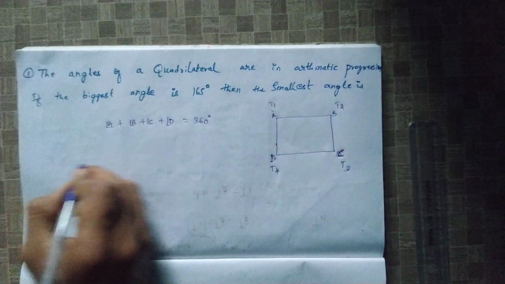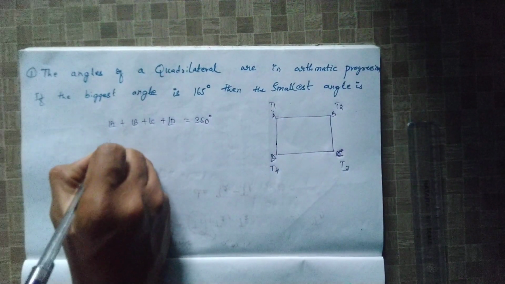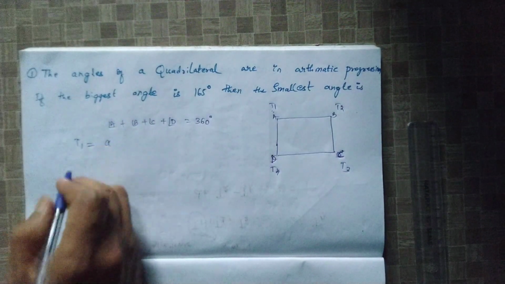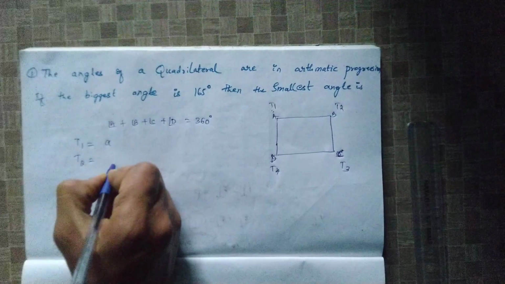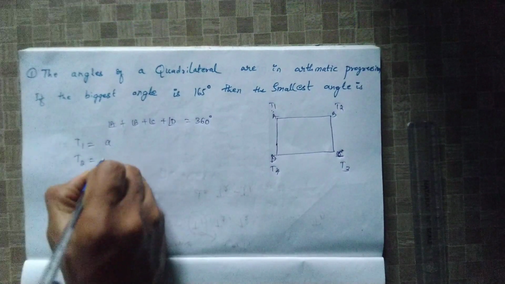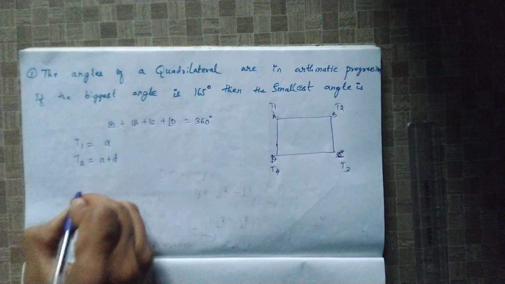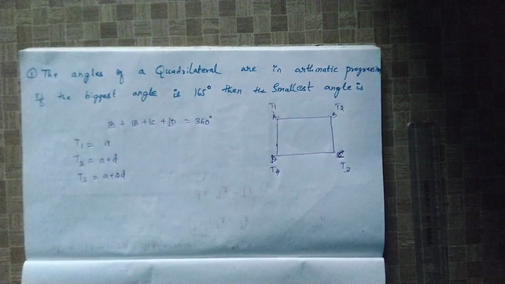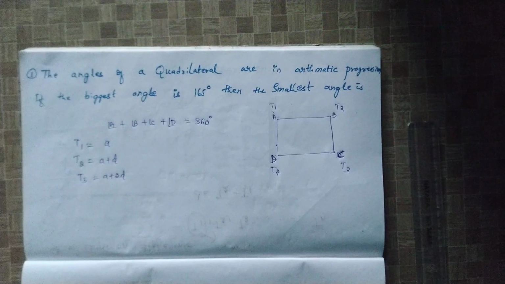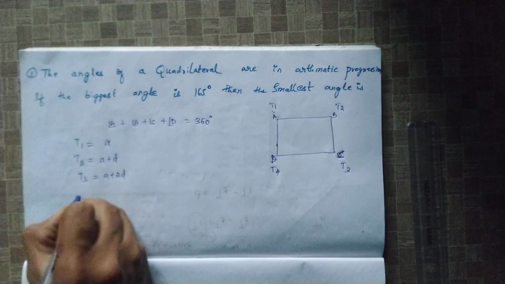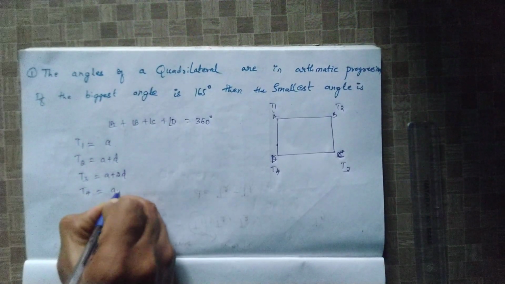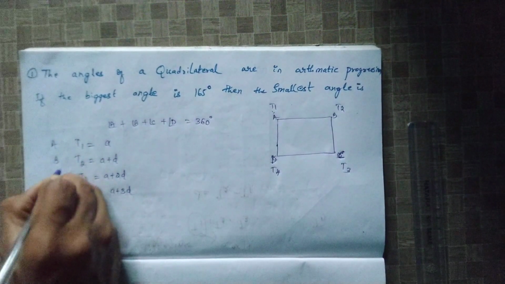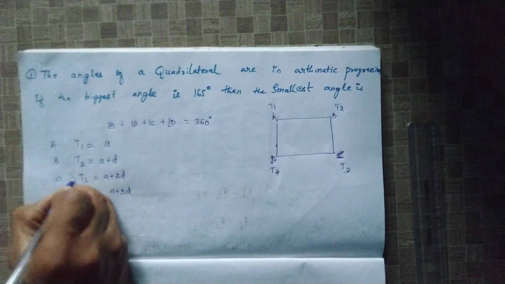The first term is A. The second term is A plus D. The third term is A plus 2D. And the fourth term is A plus 3D. This is A, this is B, this is C, and this is D.